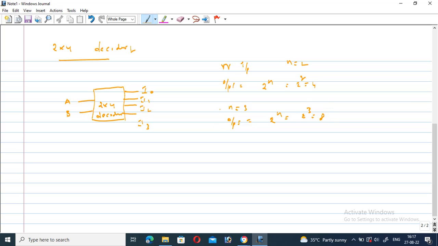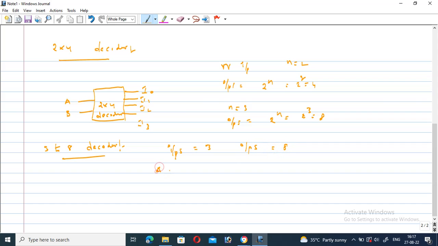So for a 3 to 8 decoder, inputs 3, outputs 8.